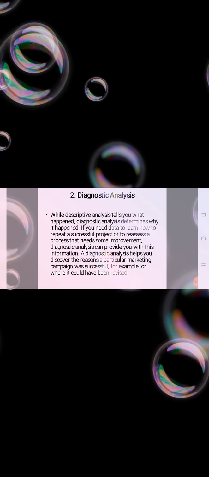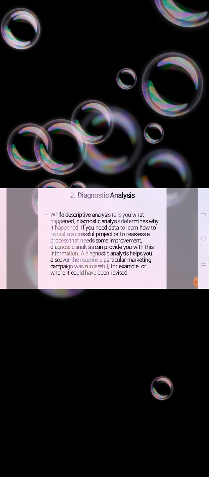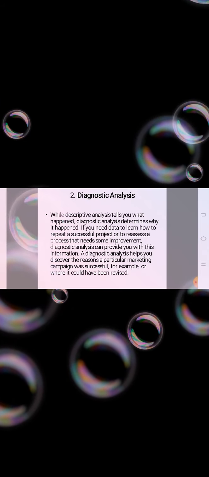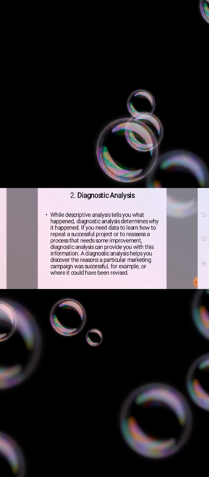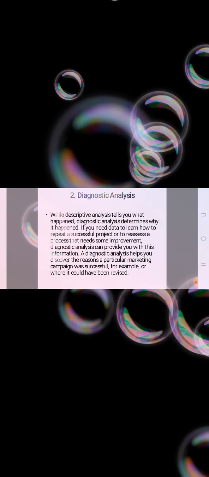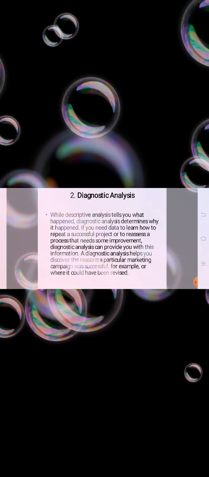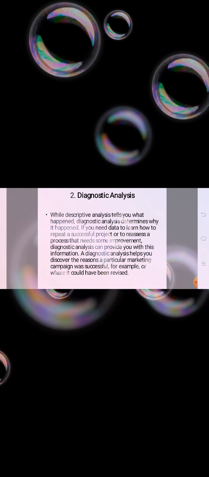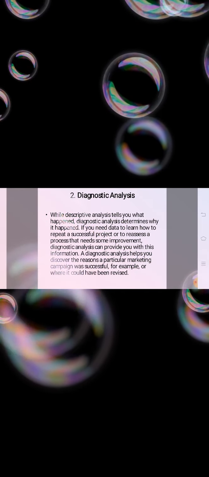Second, diagnostic analysis. While descriptive analysis tells you what happened, diagnostic analysis determines why it happened. If you need data to learn how to repeat a successful project or to reassess a process that needs some improvement, diagnostic analysis can provide you with this information.